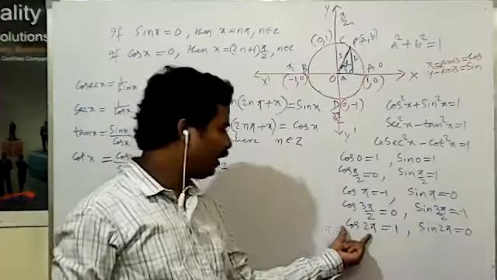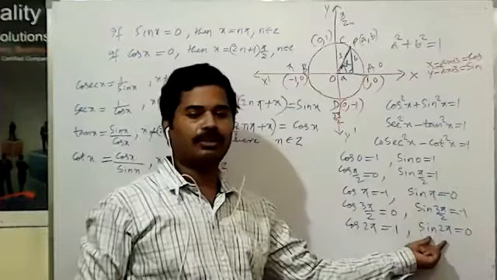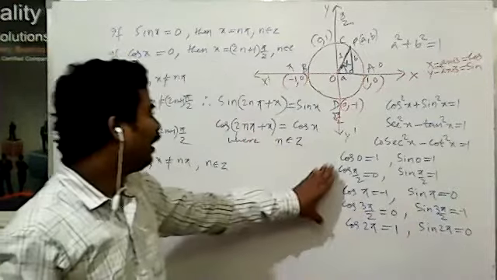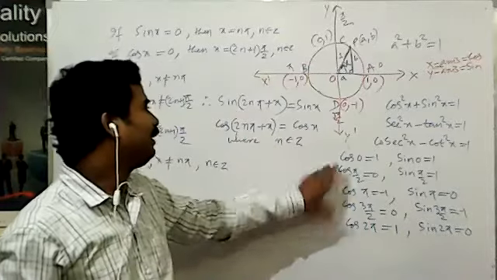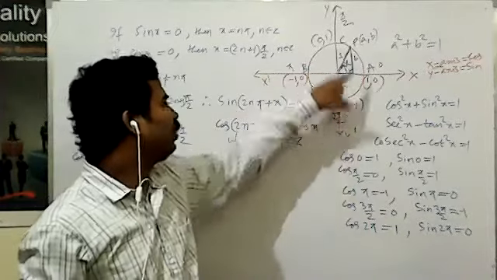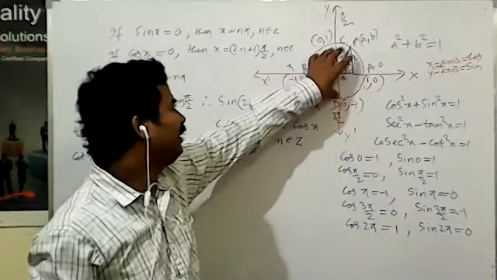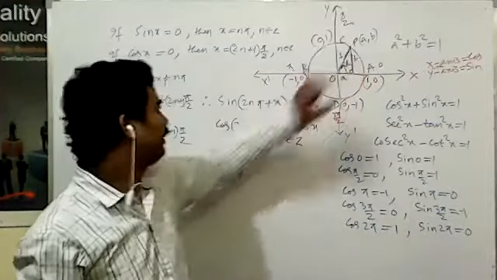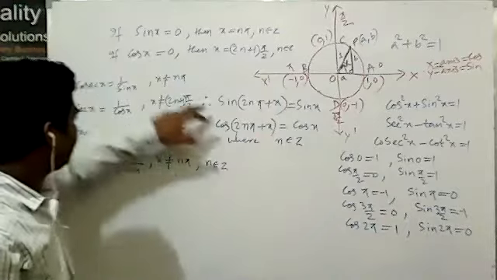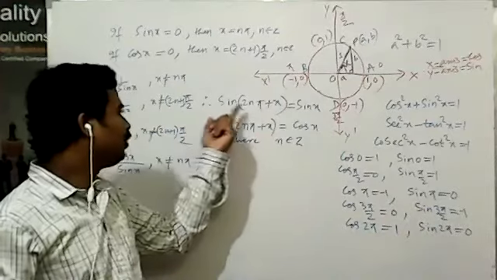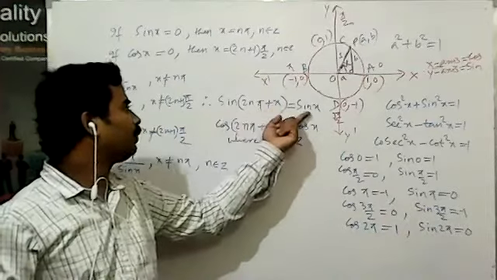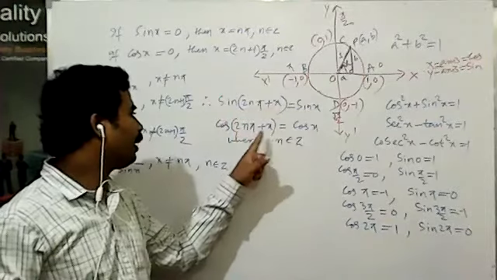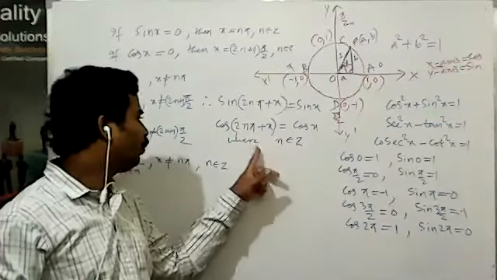Then cos 2 pi is equal to 1, and sin 2 pi is equal to 0. These are the angle values given in the unit circle and on the axes. Similarly, sin of 2n pi plus x is equal to sin x, and cos of 2n pi plus x is equal to cos x.